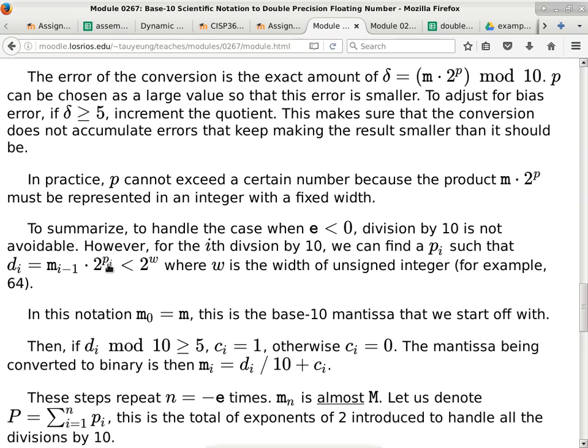PI is representing the total number of times we're going through the internal loop. Right. Are there any other questions?